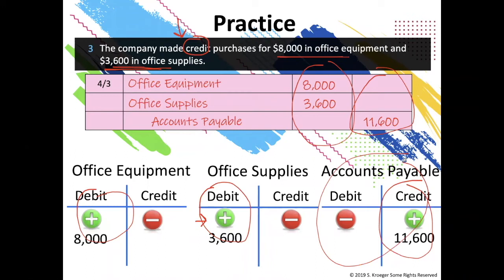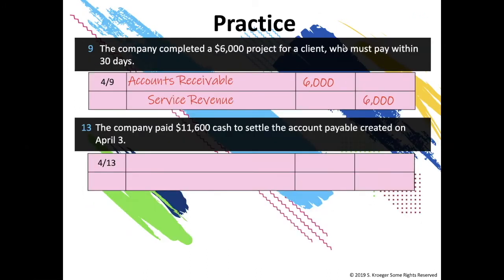Now we're at the stage where we're going to pay some of this money that we owed, this account payable. This account payable increased, it went up because we owed the money. Now we're going to debit it. It's going to go down based on how much we're paying. On April 3rd, we credited accounts payable.